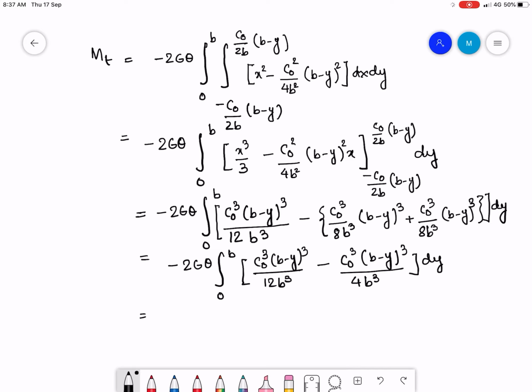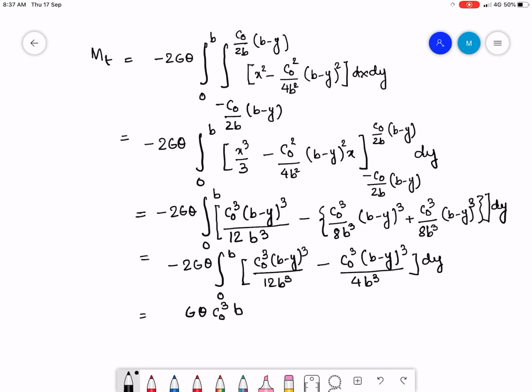So I will skip the in-between steps. I think you can do it better than me. And then the final answer is going to be something like this. If you evaluate the integral correctly, I don't know whether I have done that, but it's not a difficult task.